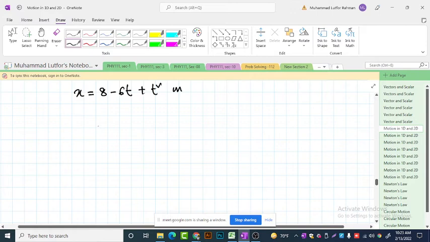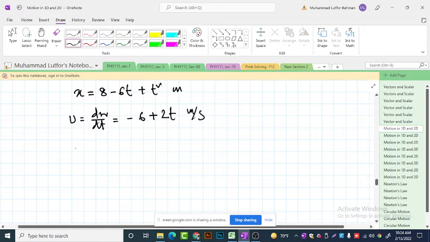I'm going to find what the position, velocity and acceleration are at different times. First, to find the velocity at any time, I can write v equals dx over dt, so I take the first time derivative of this equation, which is basically minus 6 plus 2t meter per second.